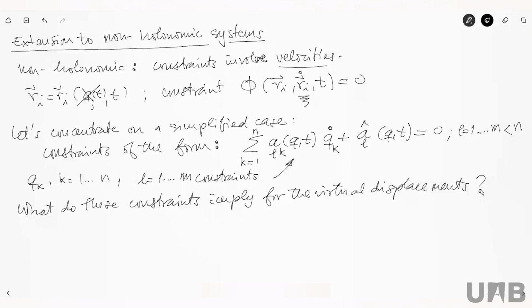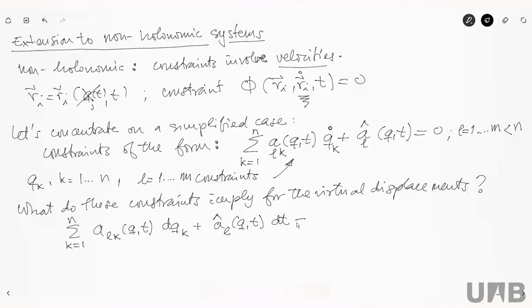Well, let us write each and every one of these constraints in a different way. I can write it as a sum from k equals 1 up to n of a_lk(q,t) dq_k plus a hat_l(q,t) dt equals 0.